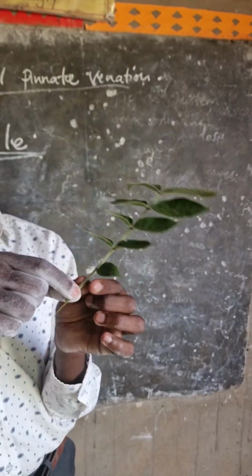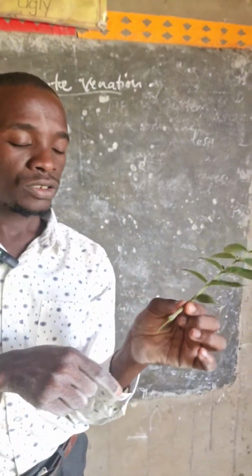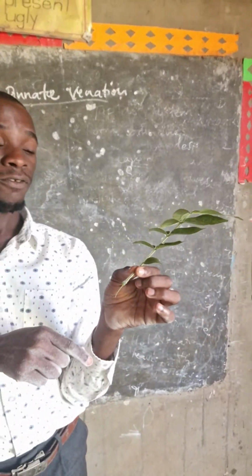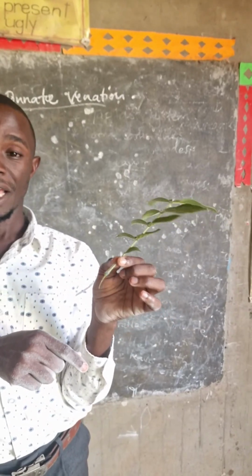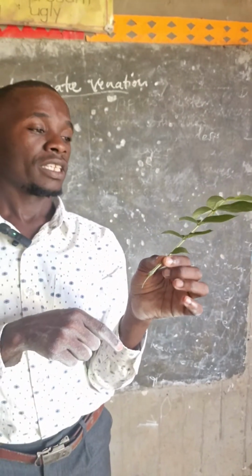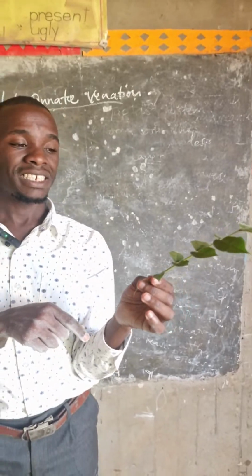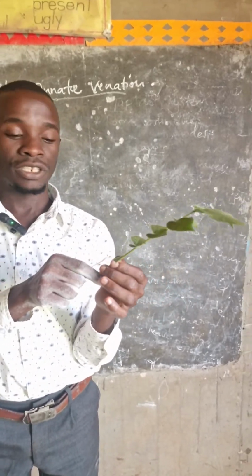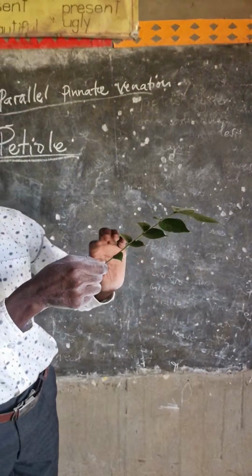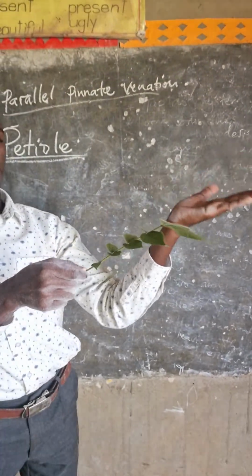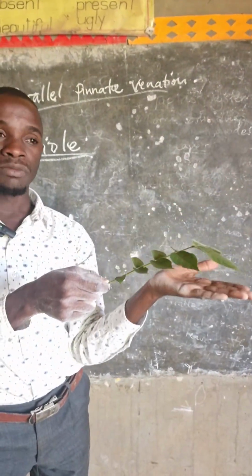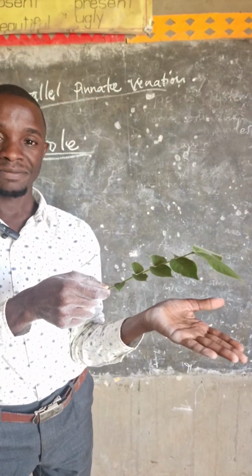Its major function is to hold the leaf firm on the stem. It is of that length that it holds the leaf in space where it can maximally receive sunlight.